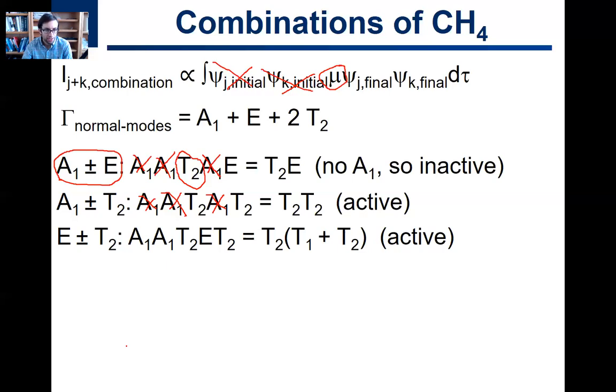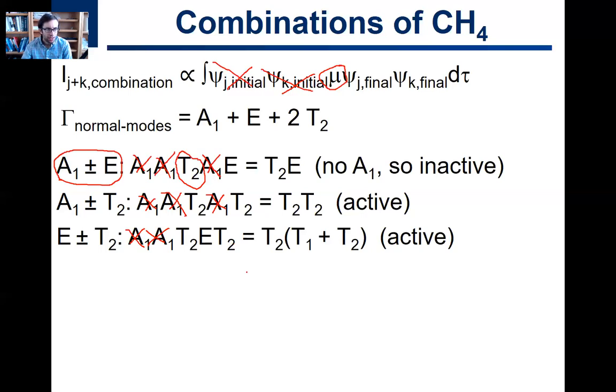E plus or minus T2. All right, well again, the A1s cancel out. We have T2, that's mu, and then we have E and T2, which is what we're evaluating. We could do T2 times T2, or, what I did, is evaluate E times T2. I had to do some math here.